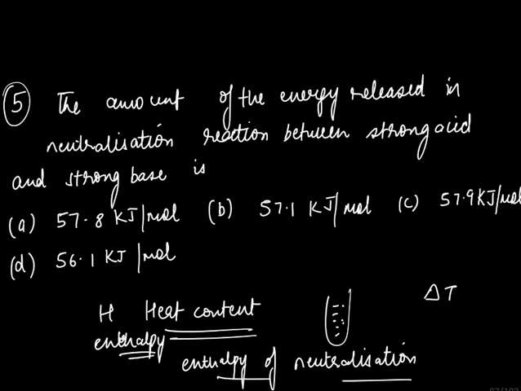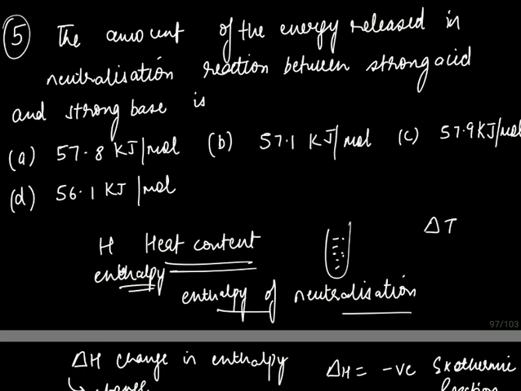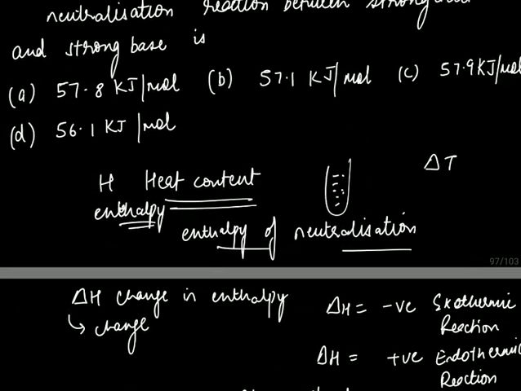So, coming back to our answer over here. The amount of energy released in a neutralization reaction between a strong acid and a strong base is going to be what answer? If you can see this, we have 57.62 or 57.3, right?